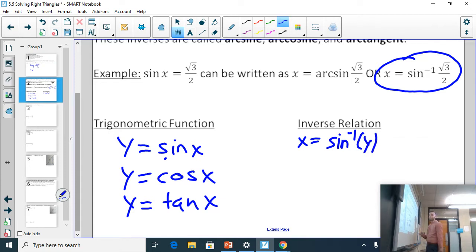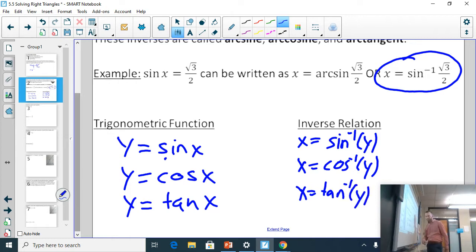And then it's the same thing if we do cosine inverse to both sides and tangent inverse to both sides, or that should be x equals tangent inverse of y. That's just the notation. It's not that important. I think the example we go through will be more important.